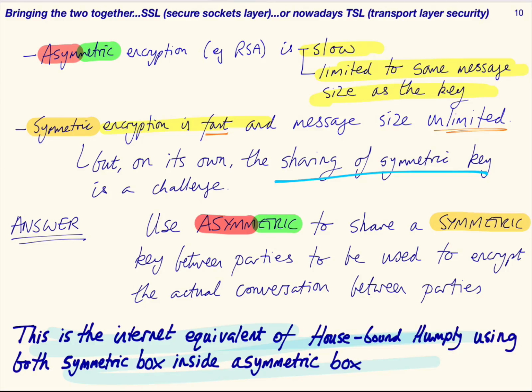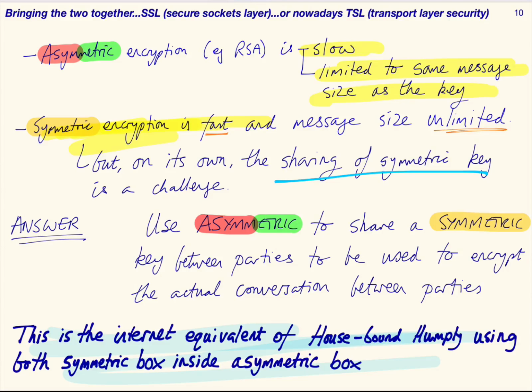If you think of it in terms of those trunks, those actual physical boxes, you can say that the asymmetric box can only contain certain types of contents, whereas the symmetric box, the one that has the same key to lock and unlock, like the simple box, you can put anything you want in there, and it's much quicker to transport, right?